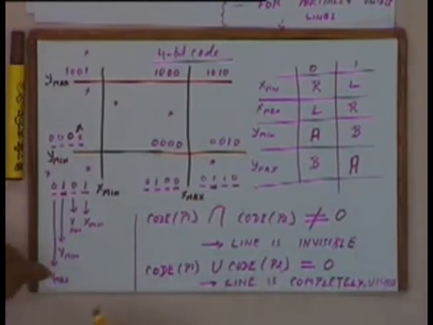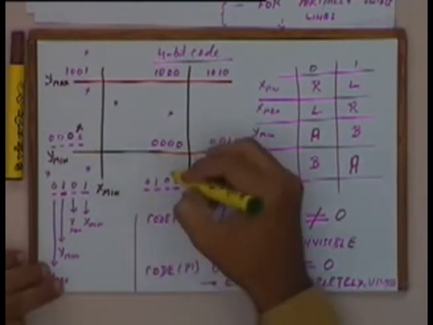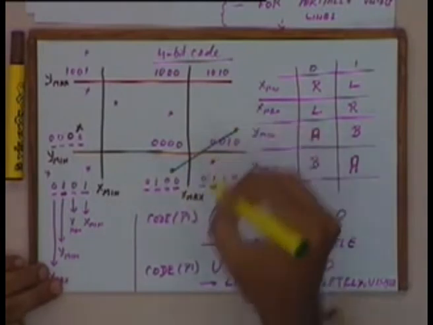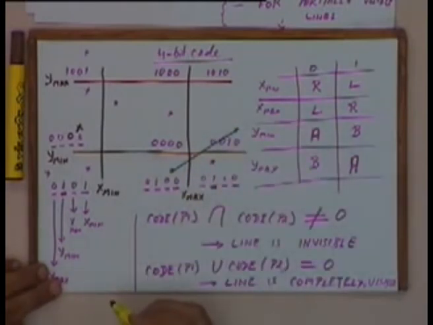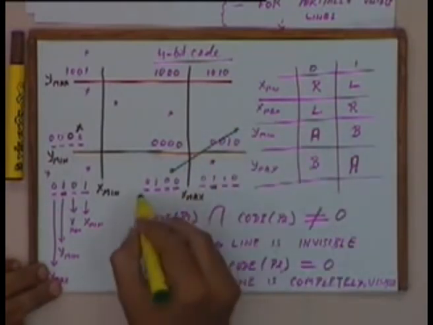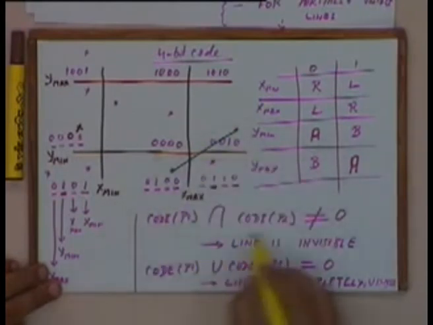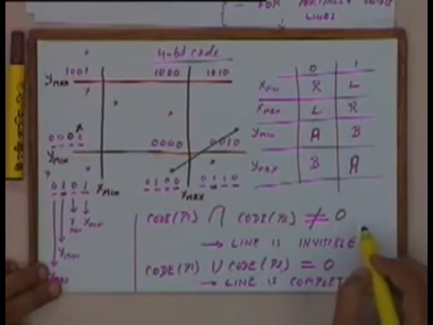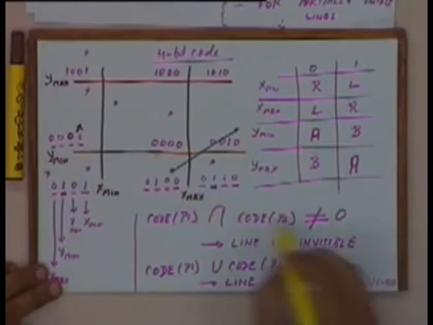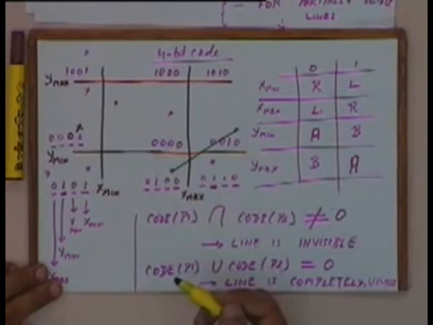Okay. Of course, there will be some cases like this. Okay, if we take this 0100 and 0010, their intersection will be equal to 0, but even then the line is completely invisible.